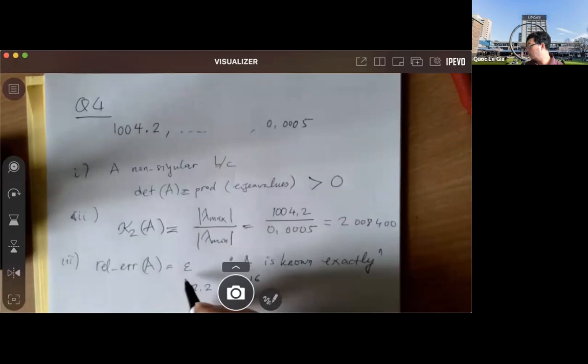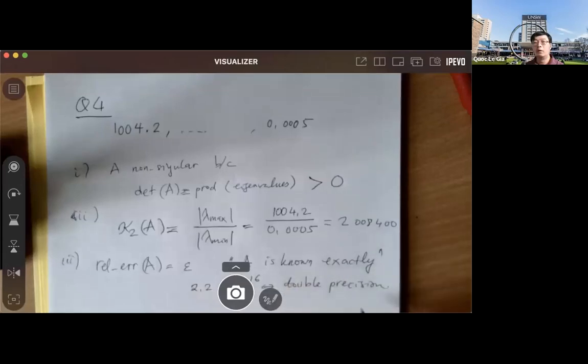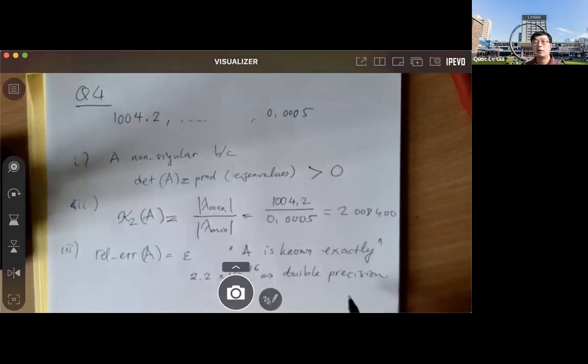And the relative error for B, well, the relative error for B will be, I don't know. Is it okay now? It's okay, right?